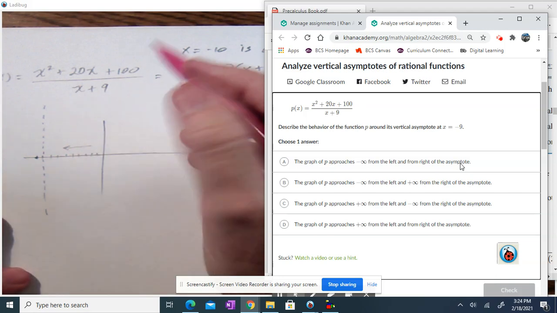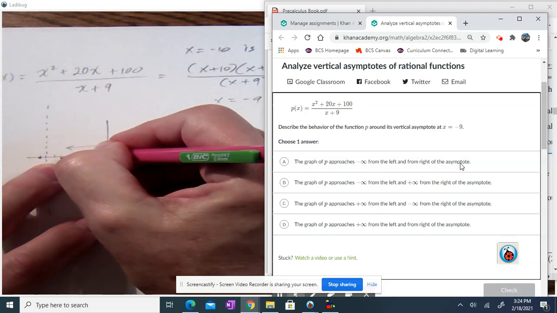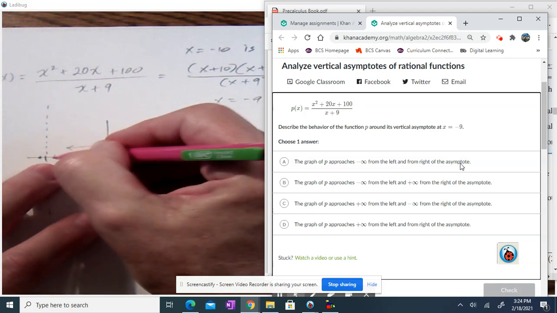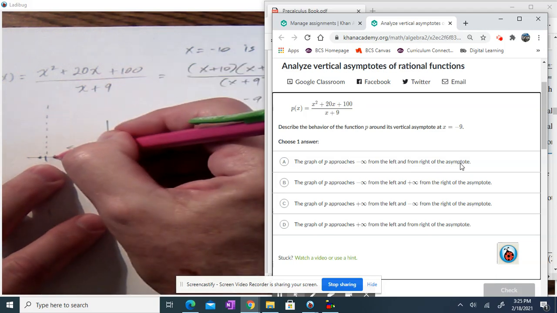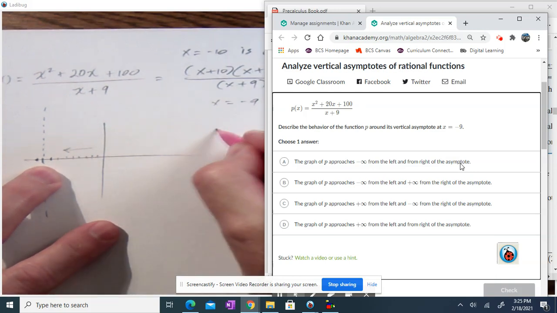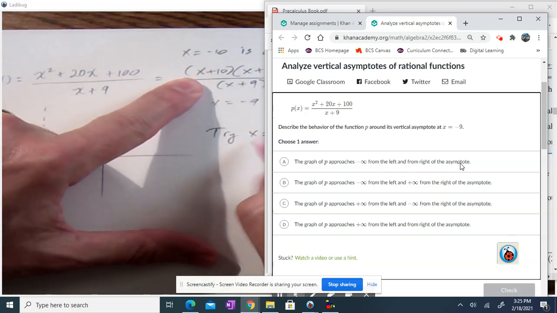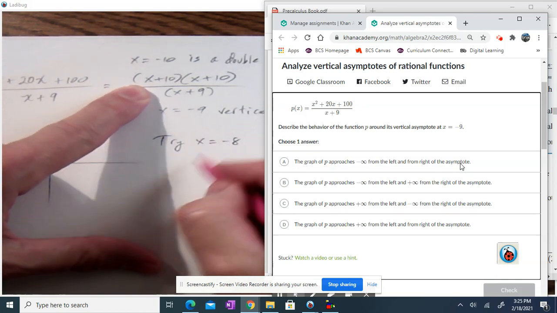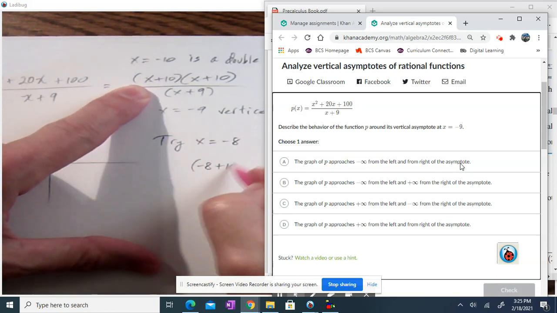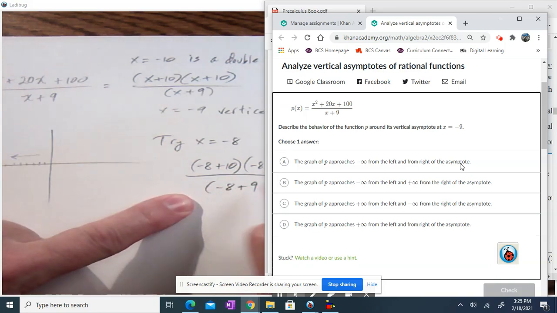Now, one way to do this is to just pick a number on the side of -9 and see where it is. So if I were to pick -8, let's try -8 and see what happens. If I put -8 in here, that's going to be -8 plus 10 squared over -8 plus 9.